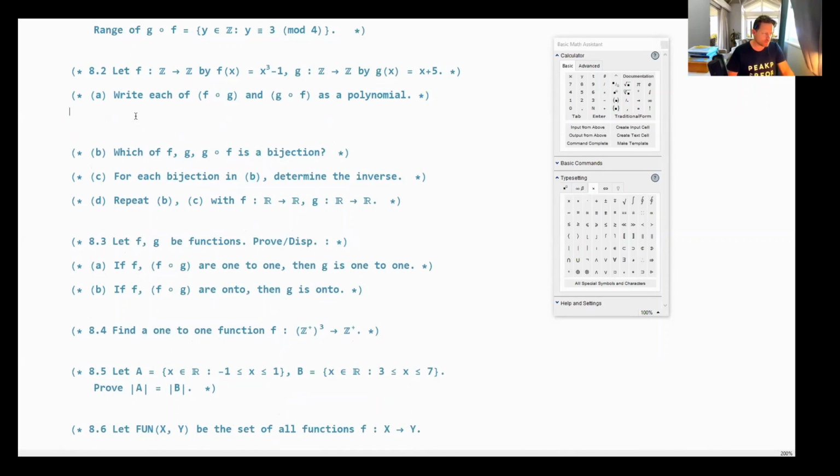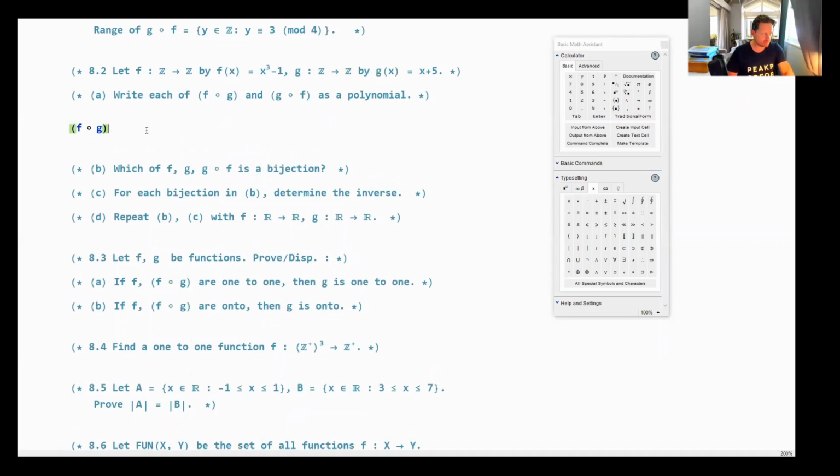So what we want is f compose g of x, and now let's just use the definition of that. That is f of g of x. Okay, and so we sub in g of x first. So we have f of g of x right here.